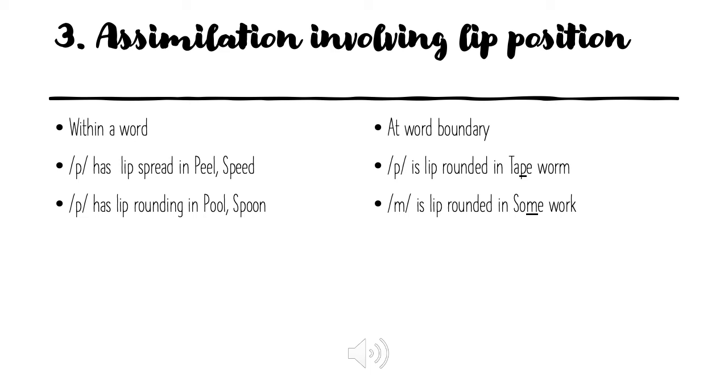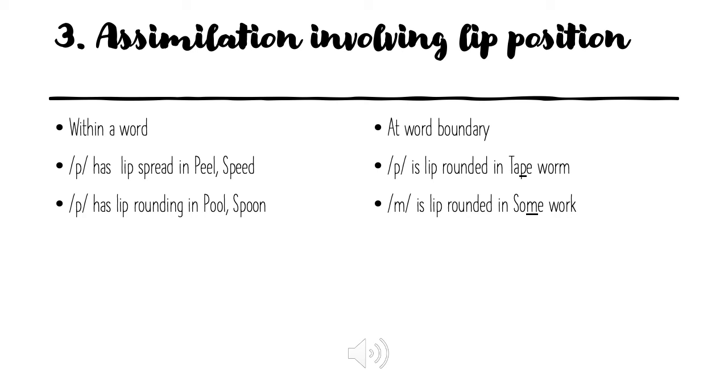Now, the third change is one that involves changed lip positions. Assimilation involving changed lip positions. Again, some of these examples would have been discussed already under other heads. But here again, let us look at examples within a word and at word boundaries. The P by itself is a bilabial sound.